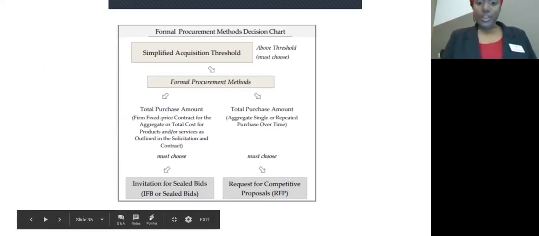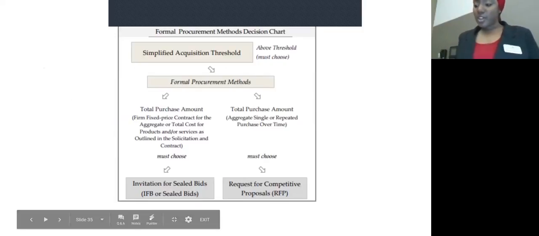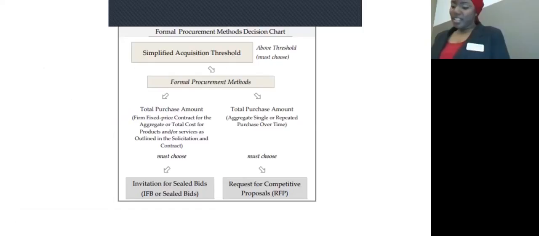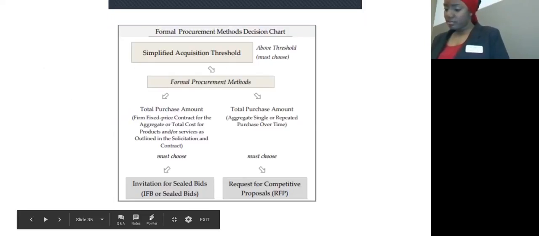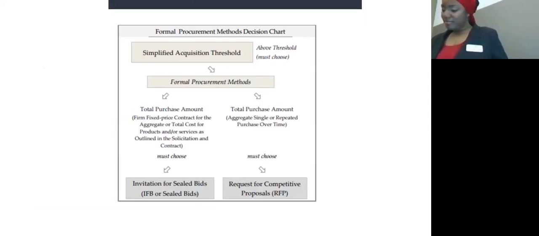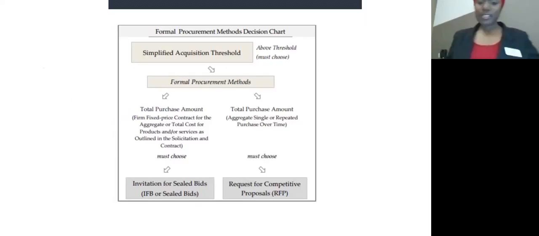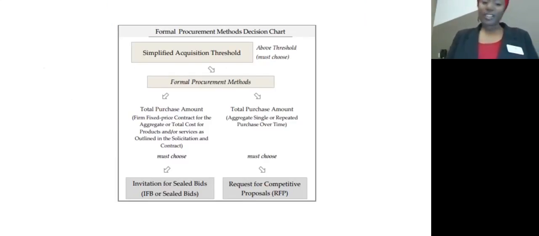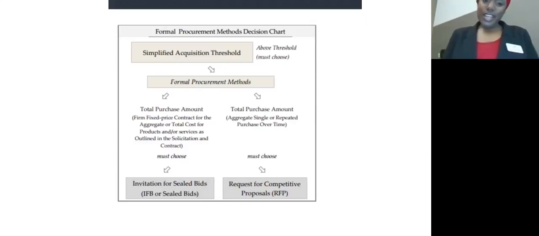Okay, and so here overall we have our formal procurement method decision chart. I believe this one is on page, I want to say it's 1750, maybe? I don't have the page here. No? Okay. But either way, let's just give a total breakdown of the formal procurement methods. And here you can see the differences.